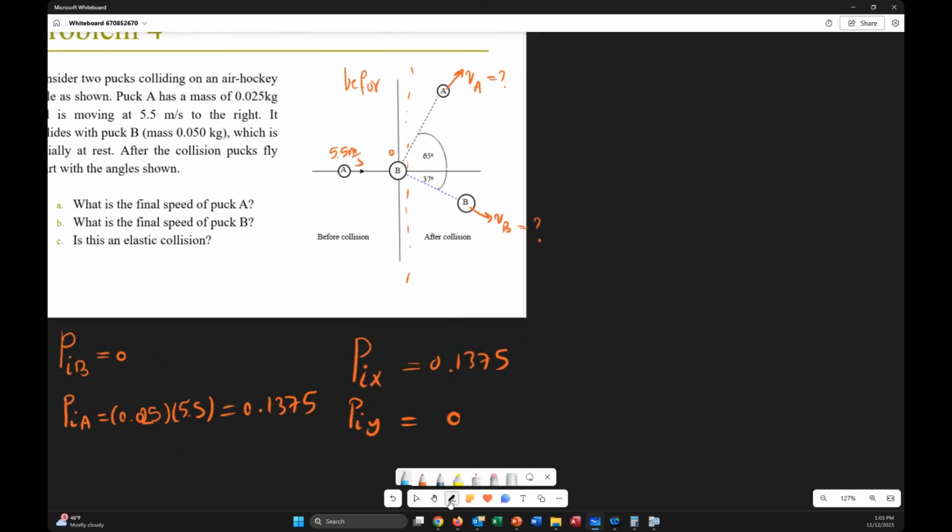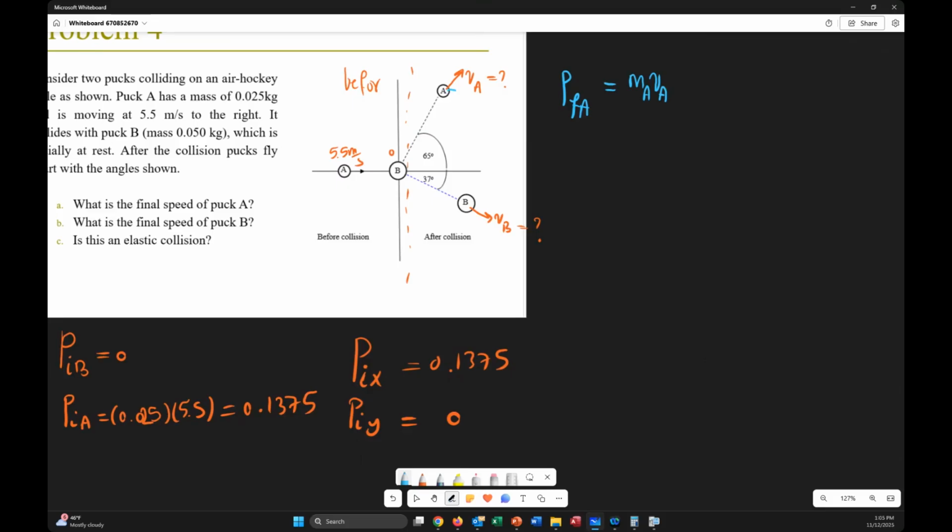Okay. So tell me the momentum after, for A. Mass of A times velocity of A. But this is two-dimensional, yes?